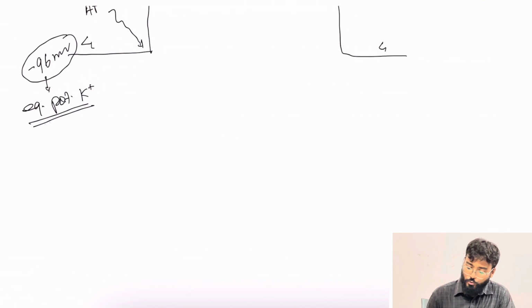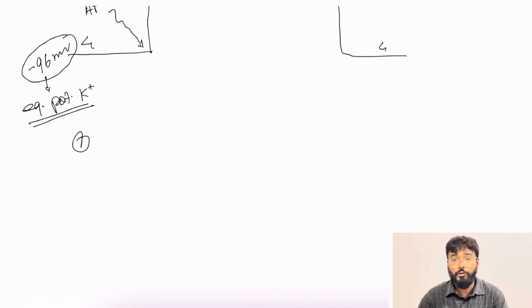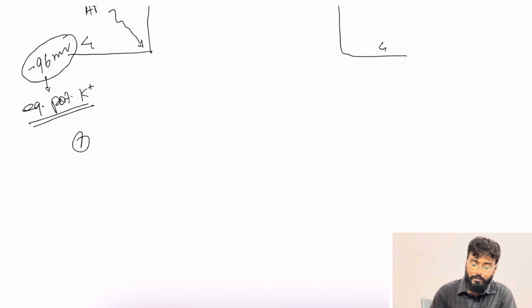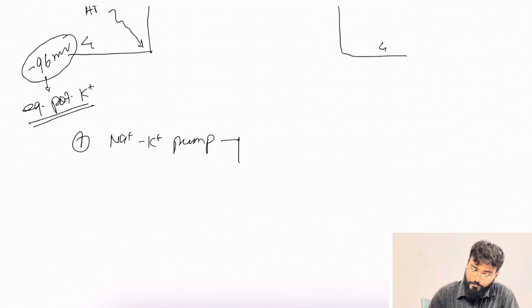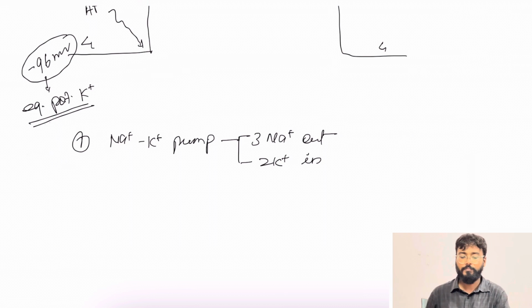There are two mechanisms responsible for restoring this gradient. The first one is the sodium potassium pump, which causes 3 sodium to move out and 2 potassium to move in.